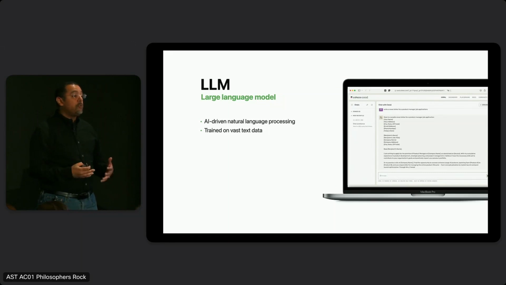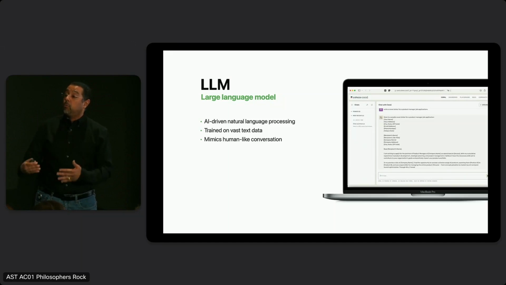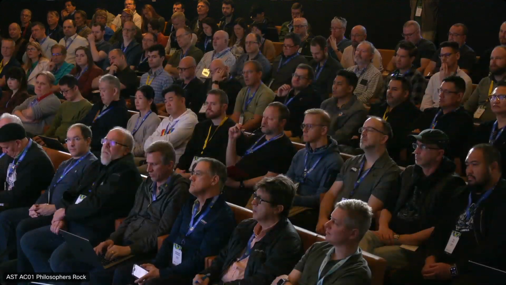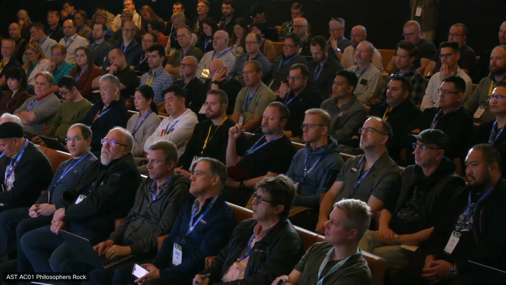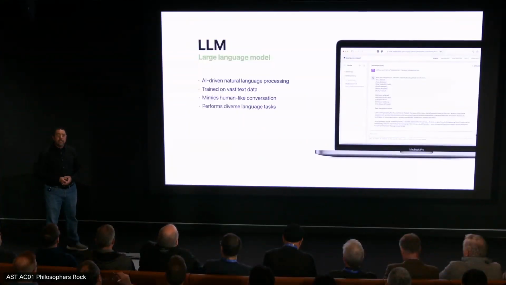Because of that, they've ingested all this natural language information, so they're able to mimic the way that we write and process language. They can do things like generate text, answer questions, do translations, and convert text from different formats. So they can perform all these really amazing tasks, which make them very, very useful.